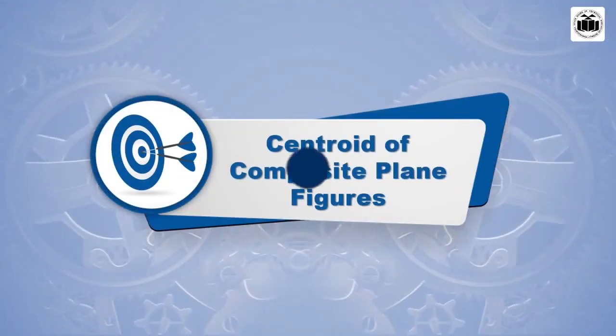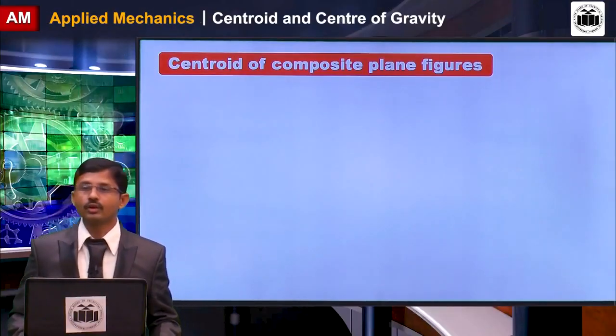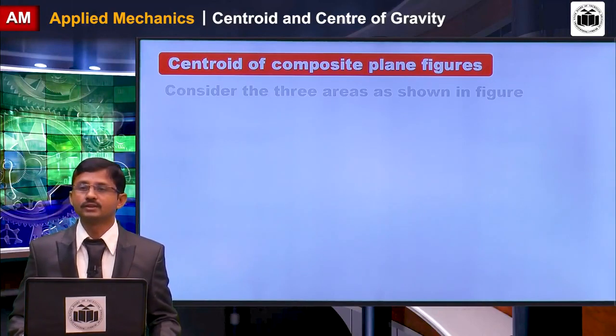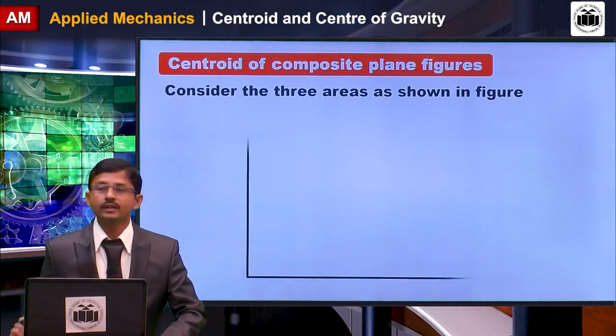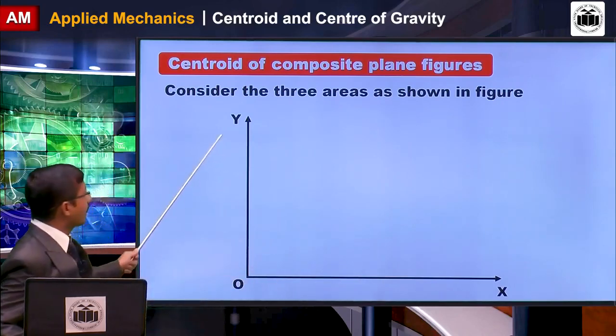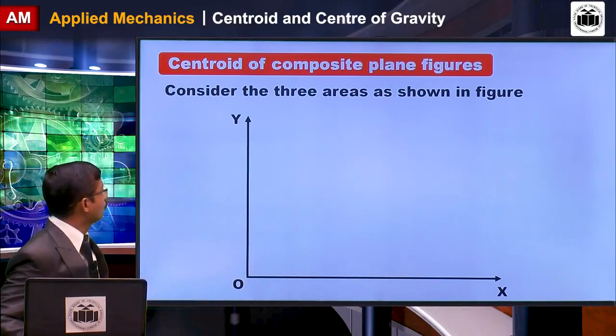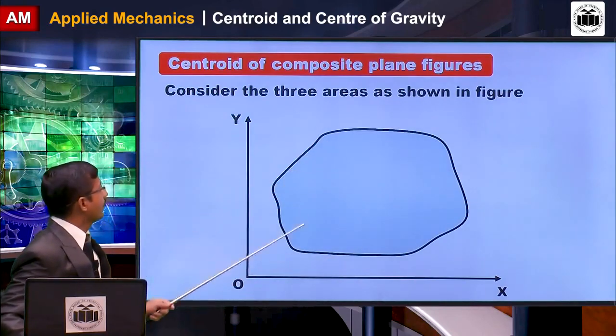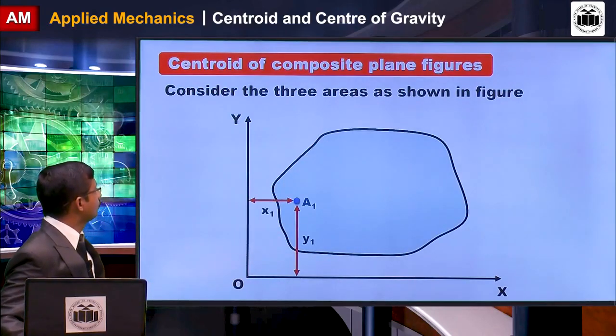We will move forward to the centroid of composite plane figures. For this you have to consider two axes, OX and OY, as the reference axes, and draw an irregular shaped plane lamina, in which we consider three areas.